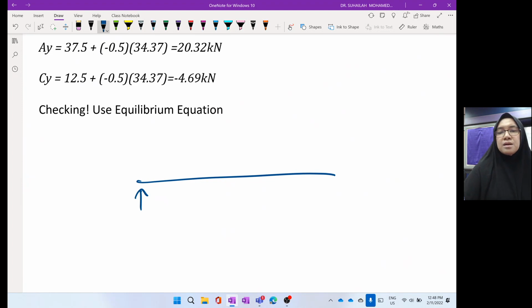Okay, AY is 20.32. CY tadi 20. Sini 50, sini 30, 34.37.